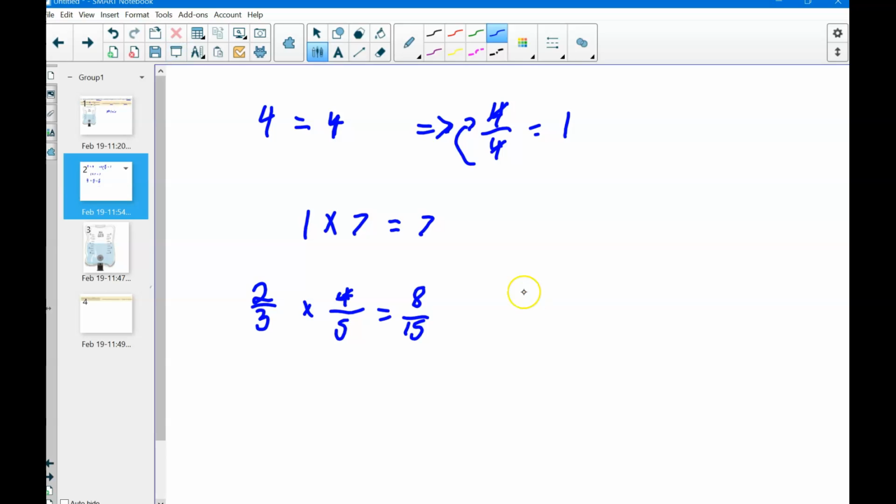It's just the top, called the numerator, top multiplied by the top, and the bottom times the bottom.